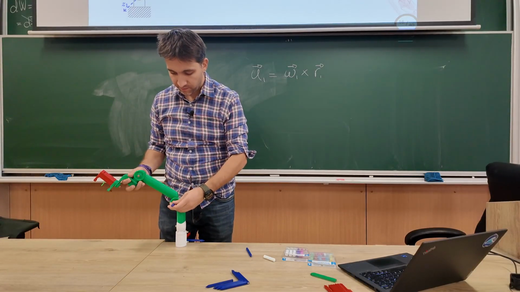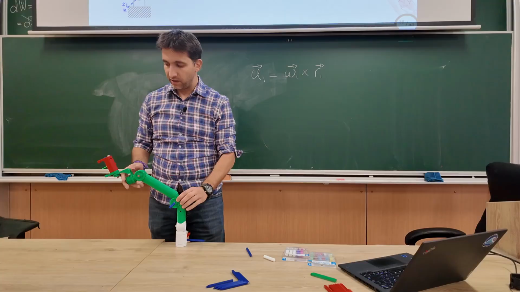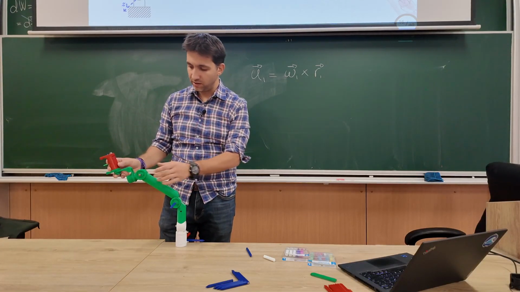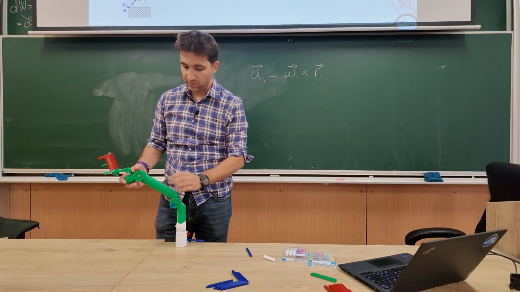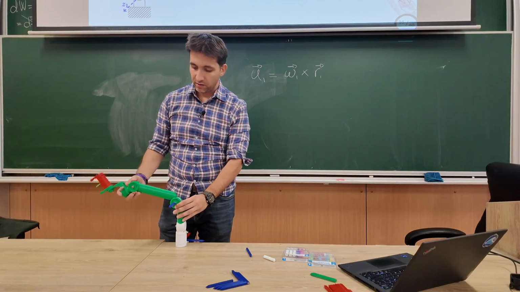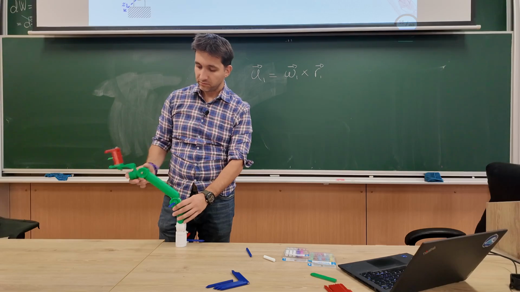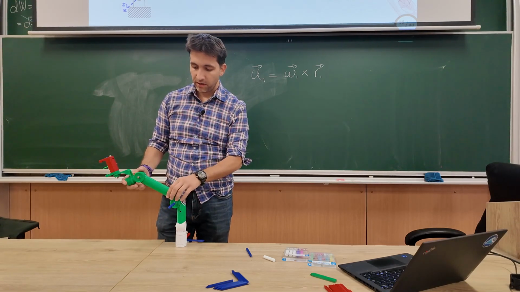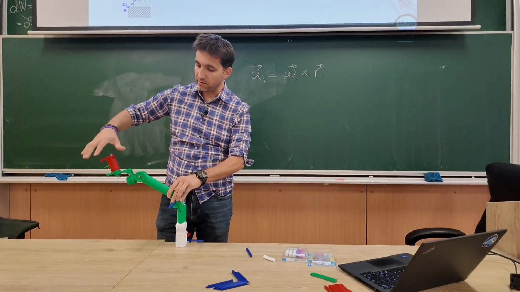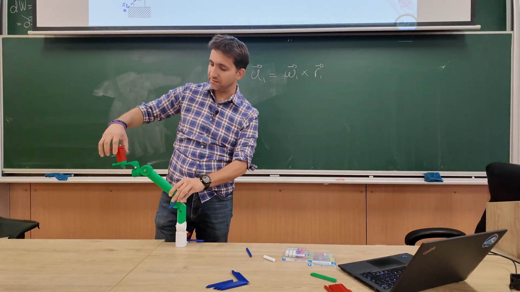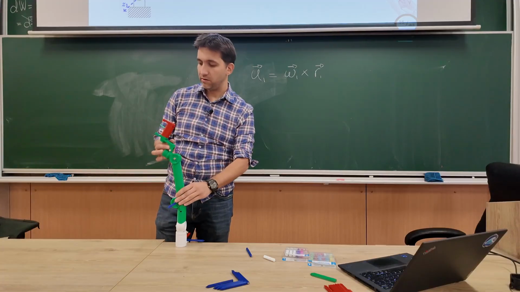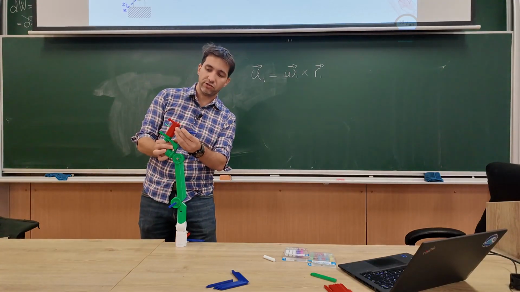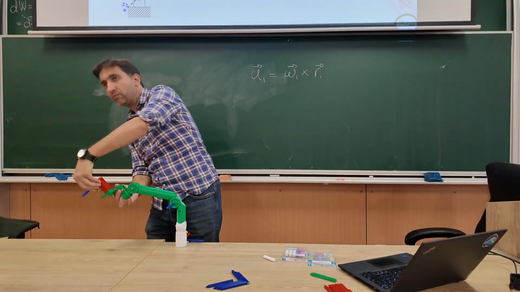So I have linear velocity of this part here due to rotation of this joint, it would be given by this axis of rotation, right, times this vector here, this radius. Right? So when I move, let's say, like this, I will have some linear velocity in this direction. When I move, it will be in this direction.